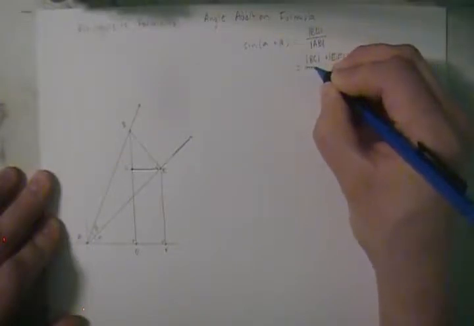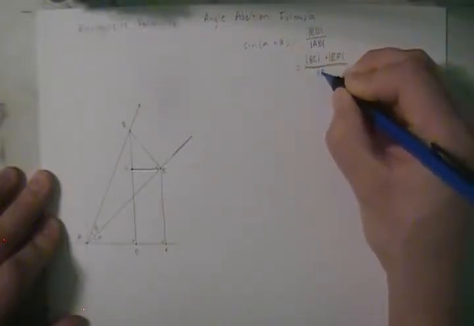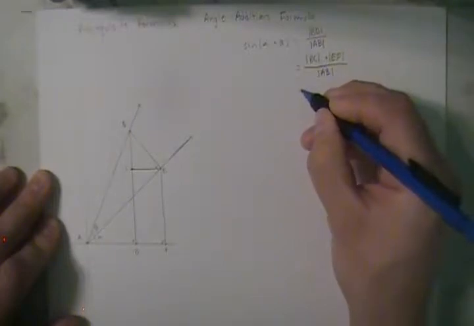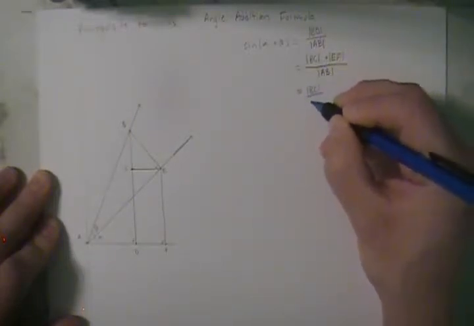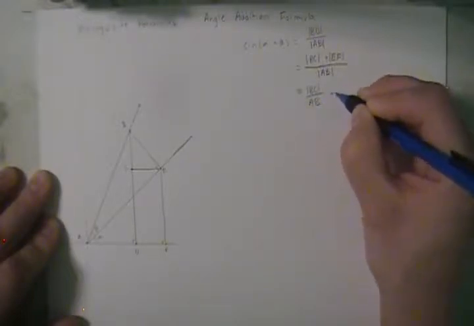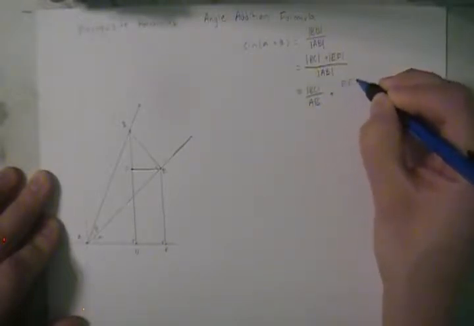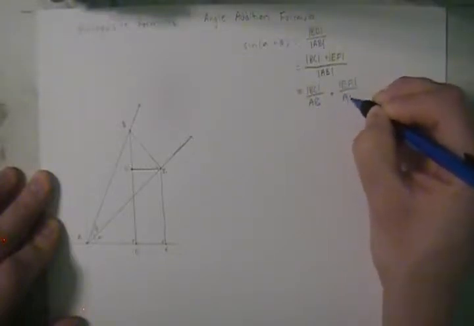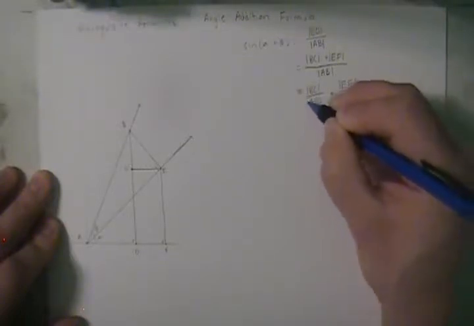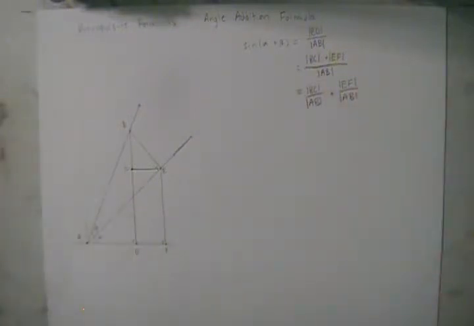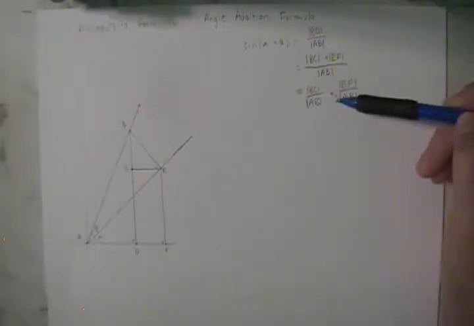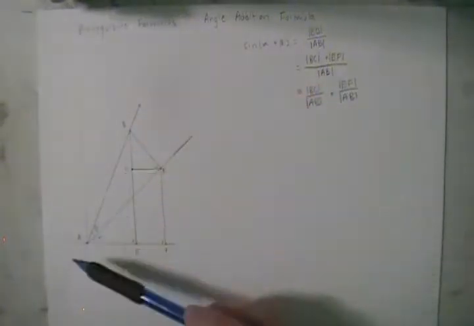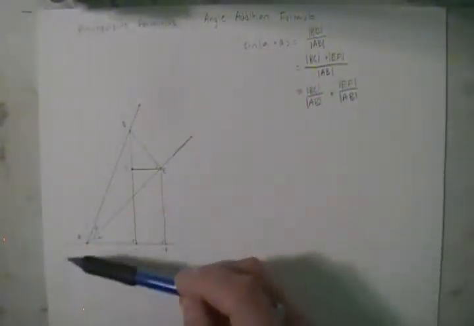This is just meant to be an outline, kind of a reminder. Okay, so now instead of BD divided by AB, I have the sum of these two line segments, BC divided by AB plus EF divided by AB.